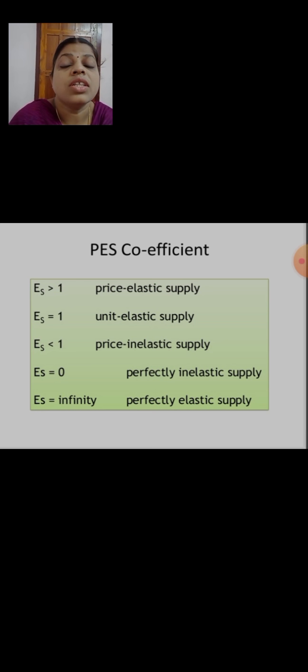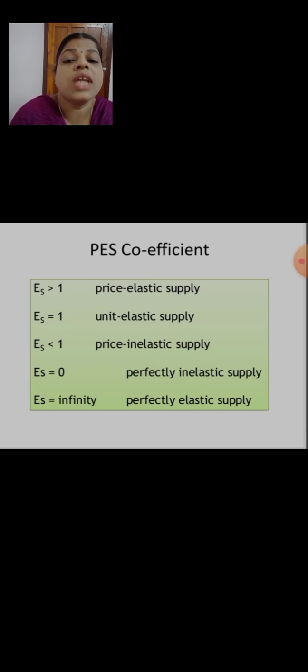Children, these are the different coefficients of supply. Once again, the different coefficients are: ES greater than 1, which we call price elastic supply. The next one is ES equal to 1, which we call unit elastic supply or unitary elastic supply.